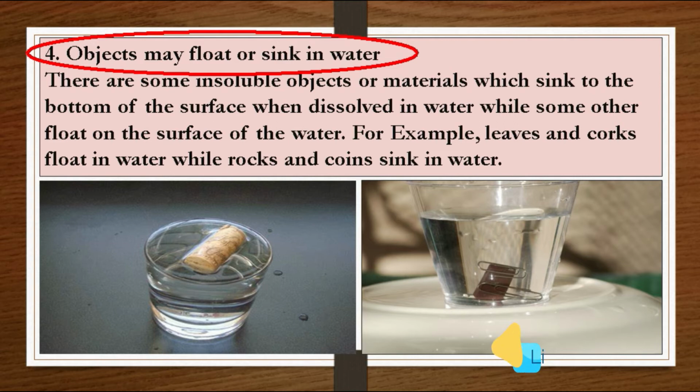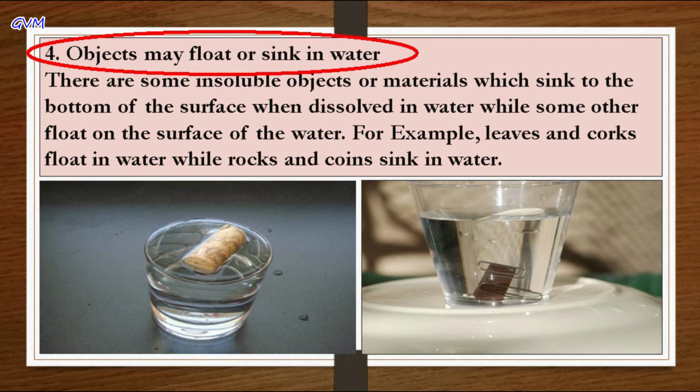And students, do you know why this happens? Because generally substances that have less density than water can float, but those substances that have high density than water can sink.